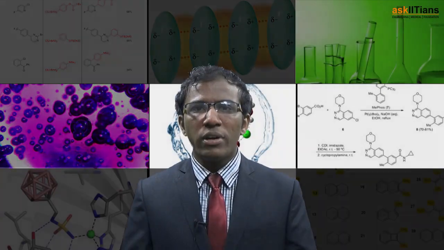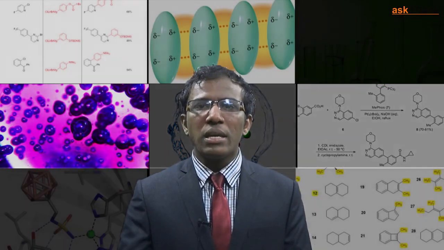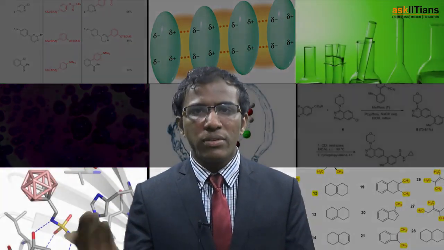So students, this is all about the chapter alkyl halides and aryl halides. Before ending this, let's quickly summarize what we learned in this chapter. First we started with alkyl halides. We have seen the classification of alkyl halides and then the naming, and then we saw the properties, that is the physical properties as well as the chemical properties of alkyl halides.